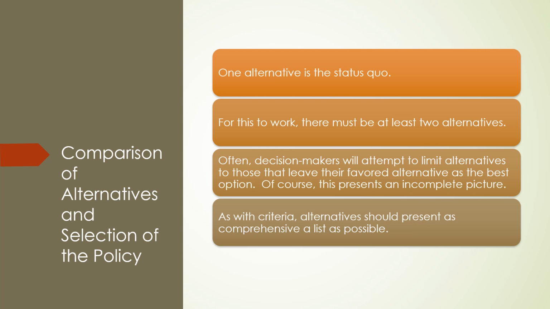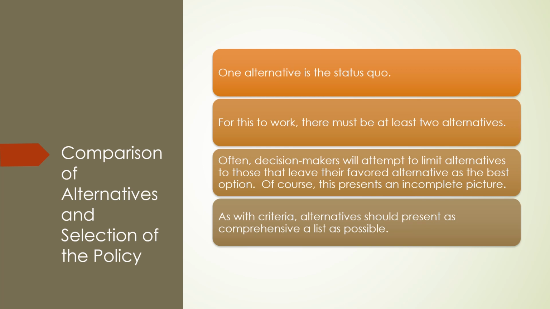A lot of times people forget that a possible alternative that you could select is the status quo. You might decide that the best possible thing to do is nothing. However, you should have at least two alternatives, right? If your only alternative is the status quo, or the only alternative is the plan that you hope to adopt, then if you only offer one alternative, it'll be what has to be selected.